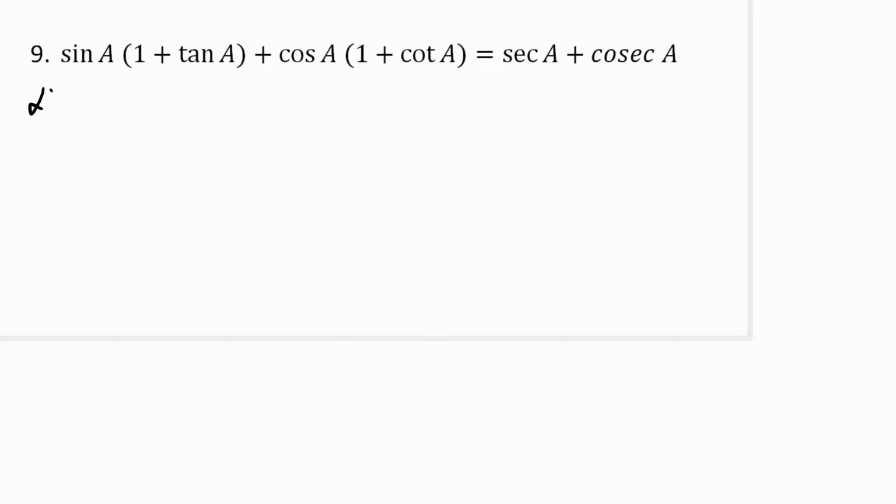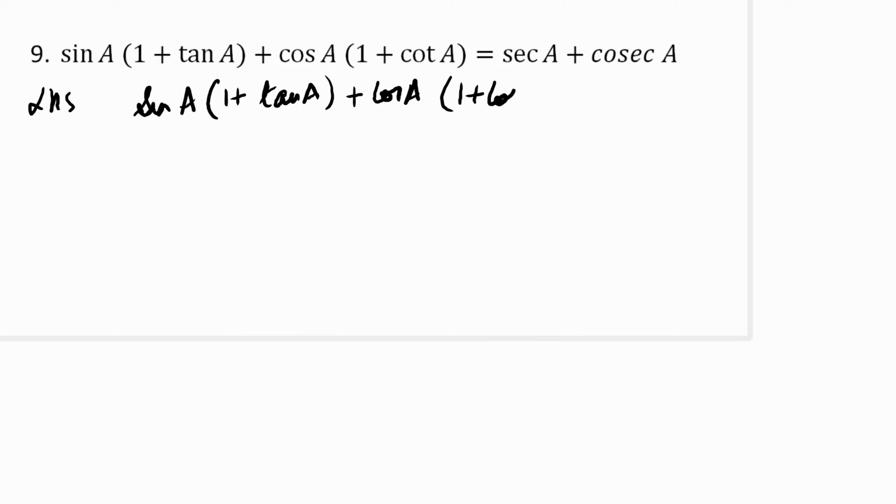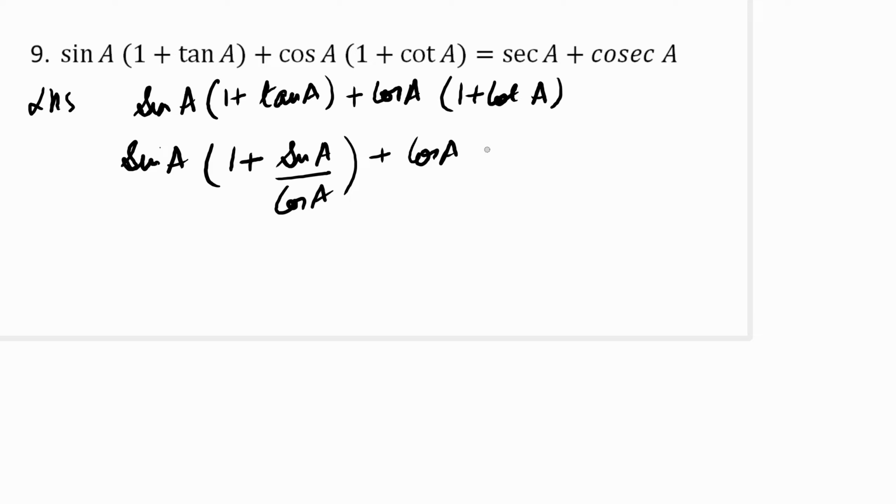Let's start. Left hand side, sin A (1 + tan A) + cos A (1 + cot A). If I convert it into sine and cos, I hope by now you know that tan A is sin A upon cos A, and what is cot A? 1 + cos A upon sin A. Okay, so what can I do?